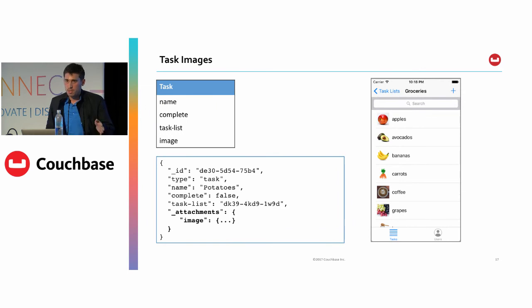Now, another functionality of the app is to have attachments, so you can take a picture of the task you want to complete. In this case, it's the best groceries list I've ever seen with amazingly detailed pictures. Each picture is stored offline on the device, and in the data model, it gets translated as an underscore attachments property in bold here.